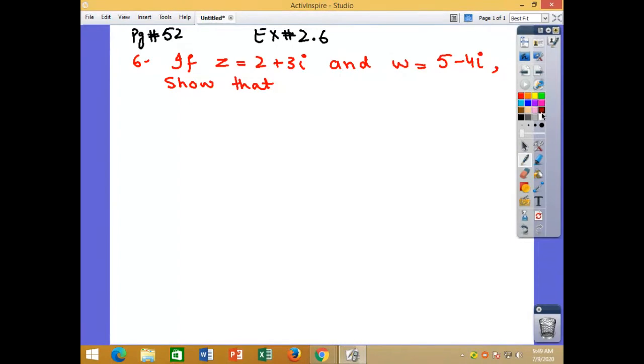In part number 1, we are to show z plus w whole conjugate is equal to z conjugate plus w conjugate.